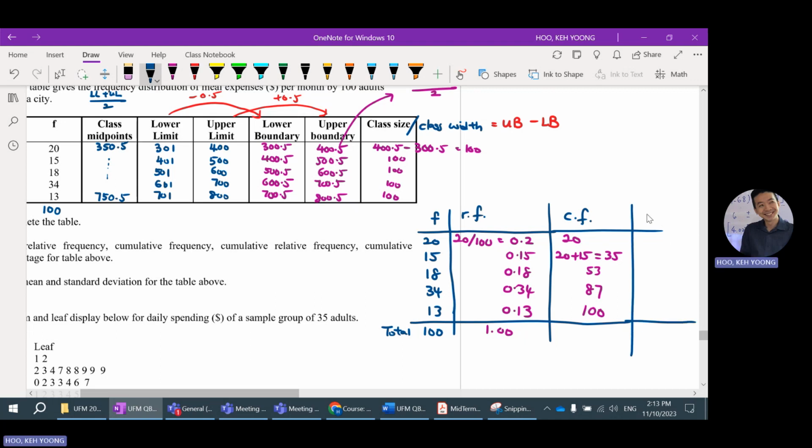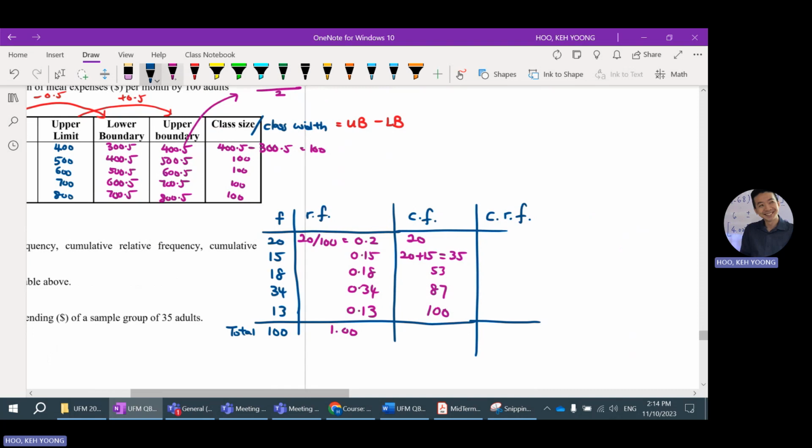Okay, next would be cumulative relative frequency. You can either accumulate your relative frequency, or you can take cumulative frequency divided by the total. Either one will get you the same answers.